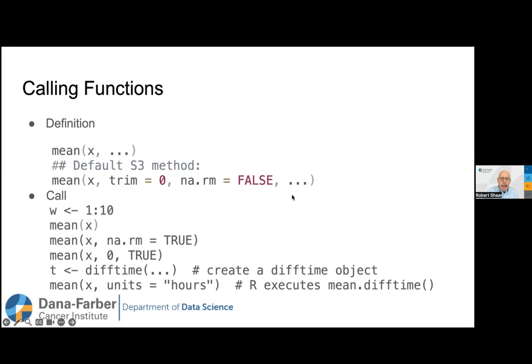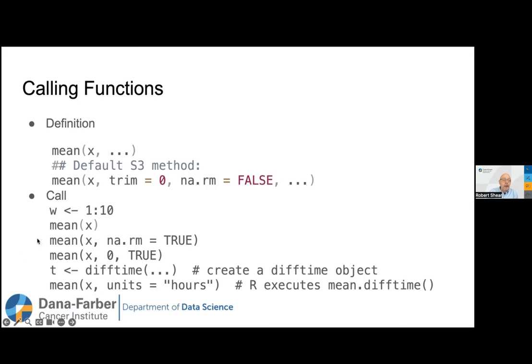Now, the dot dot dot. It so happens that you can create an advanced data type called diff time. That's not built into the language. It's built into the packages that are distributed with the language, and that gives you an object that is a difference in time. It could be 3 days, 2 hours, 7 minutes, and 12 seconds.